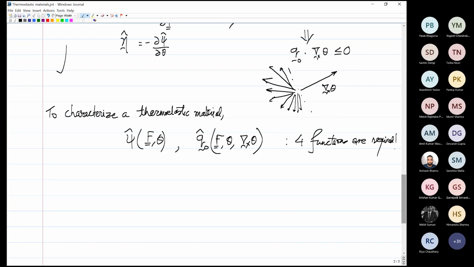So let us now see what is the implication of frame indifference, or objectivity.